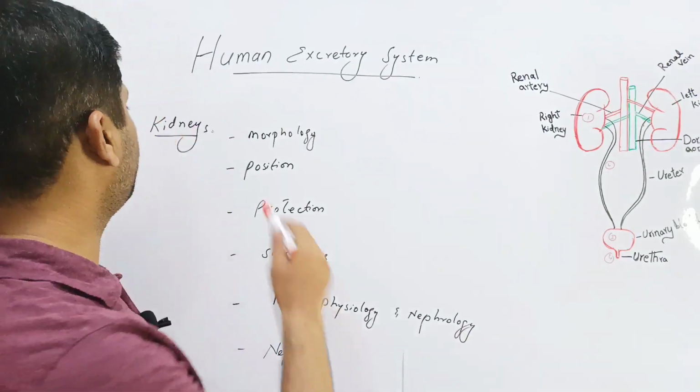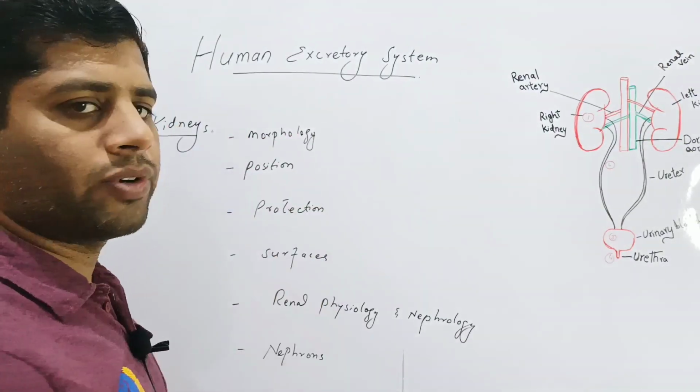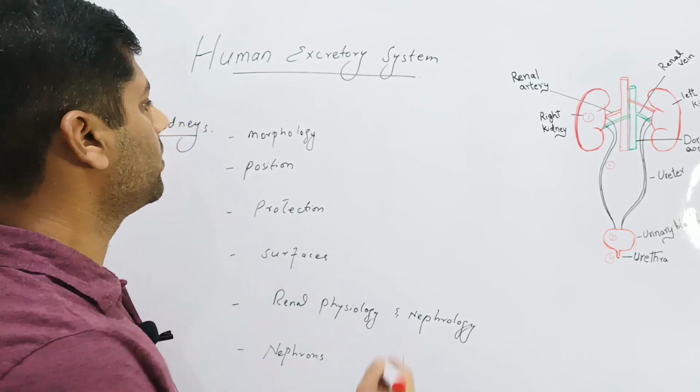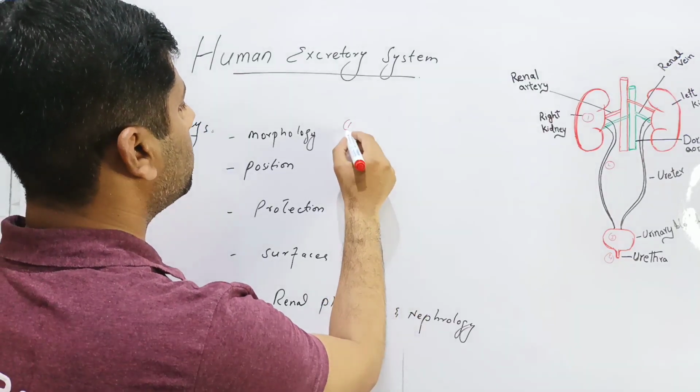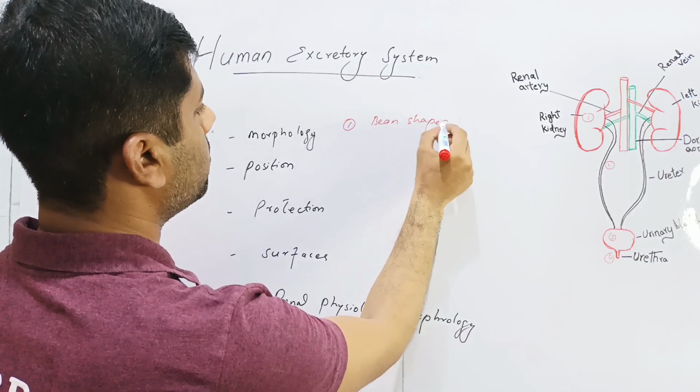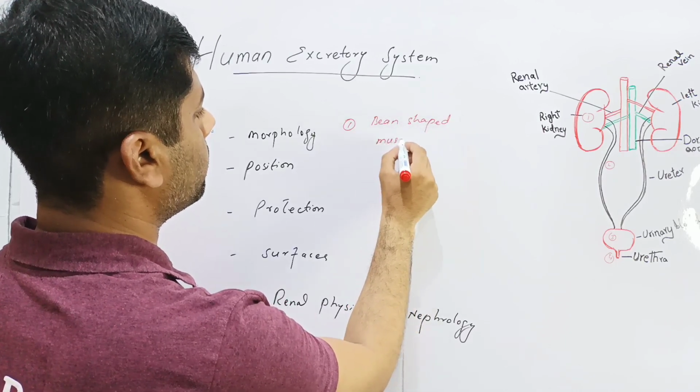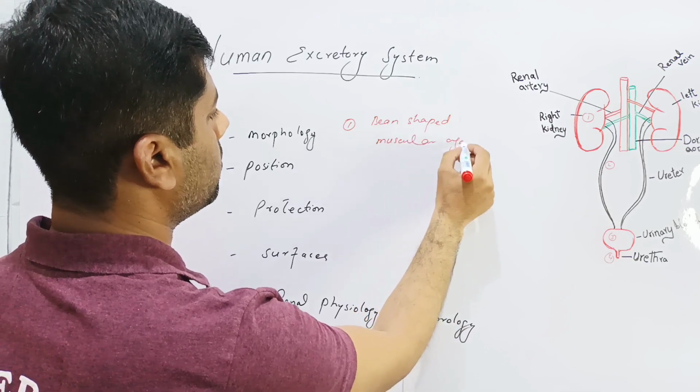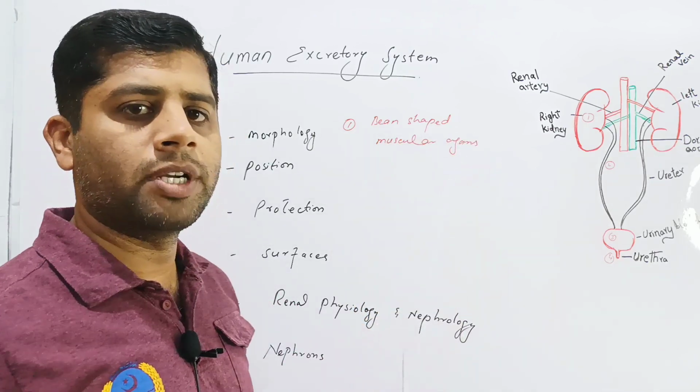So, the first one, kidneys. As far as its morphology is concerned, the kidneys are bean shaped organs. All these organs in the excretory system are made up of smooth muscles.